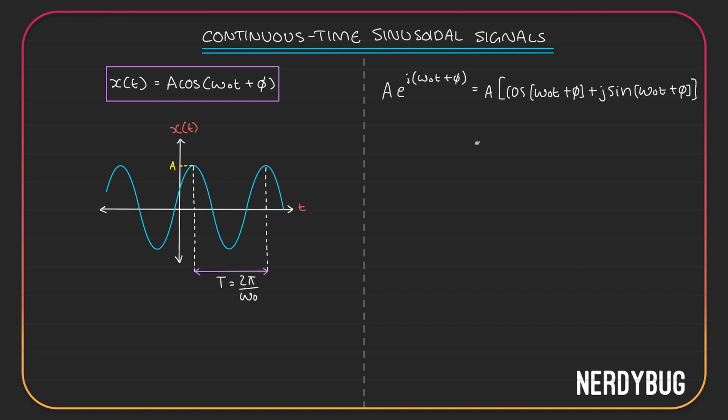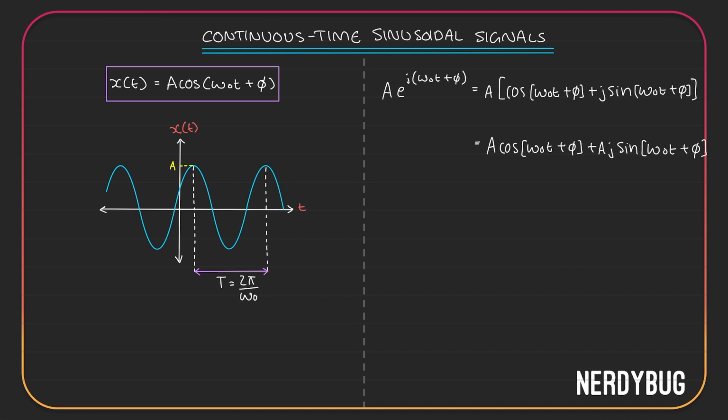Or we can write this as the first term would be A cos omega naught t plus phi plus j A sine omega naught t plus phi. Wait, there will be A here also.